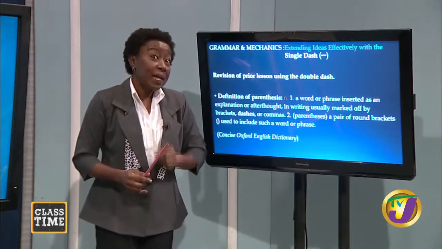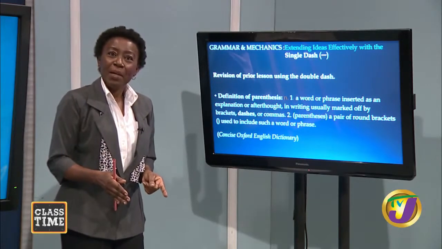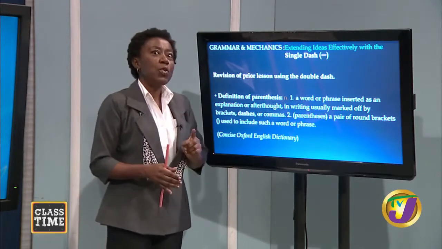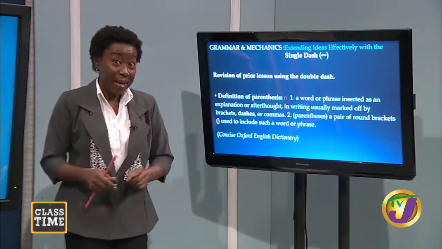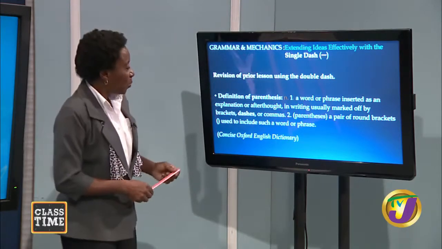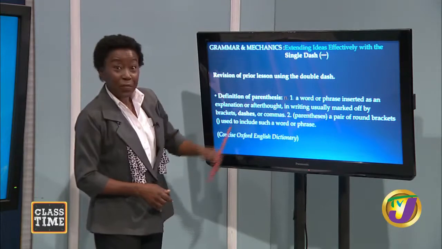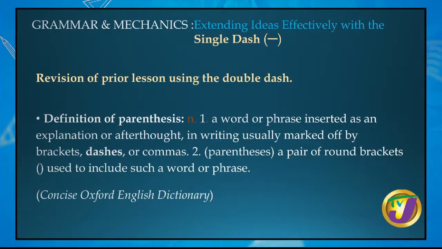We also, in that lesson, looked at commas, okay? And we also looked at the two marks that you tend to call brackets, which are really called parentheses. So let's look at our definition. Parenthesis: a word or phrase inserted as an explanation or afterthought in writing, usually marked off by brackets, dashes, or commas.